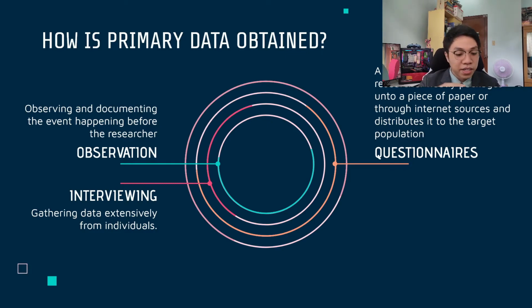The second one is non-participant observation, where the observer observes the subject at a distance and is not directly a part of the event that is happening. Third is covert observation, where the researcher observes the sample population without the sample population knowing that they are observed.